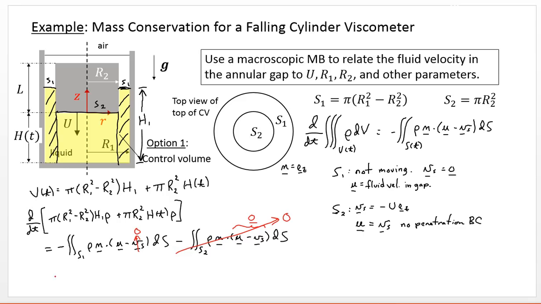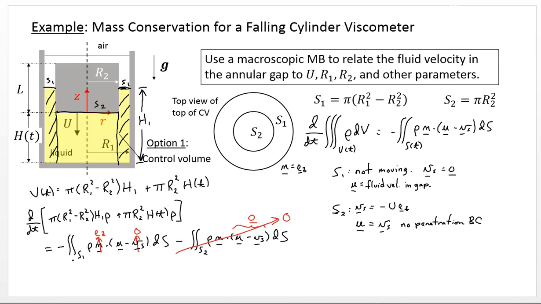What we get instead is simply, well, we can go a step further. We can say, what is n on that surface? We already said that n is equal to Ez. So we get Ez dot u, which is just the z component of u, or uz.